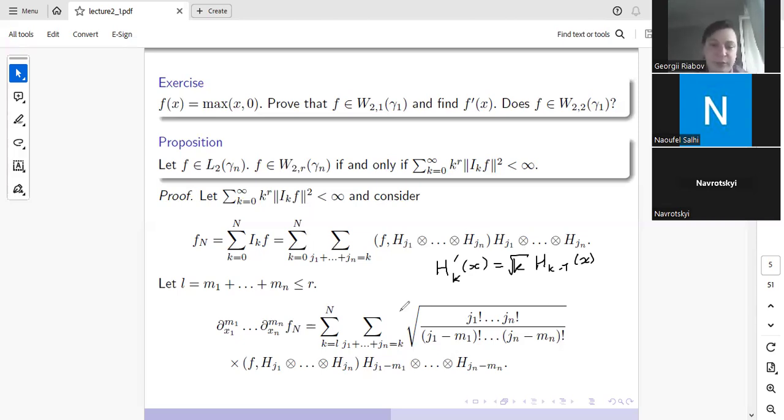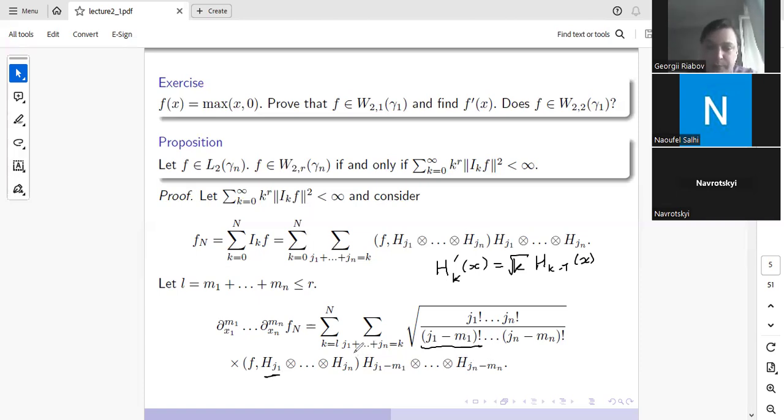This means that if we differentiate h_{j1} m1 times, its order will be lowered by m1, and we will get the multiple root of j1 factorial over (j1 minus m1) factorial, and so on for each Hermite polynomial.